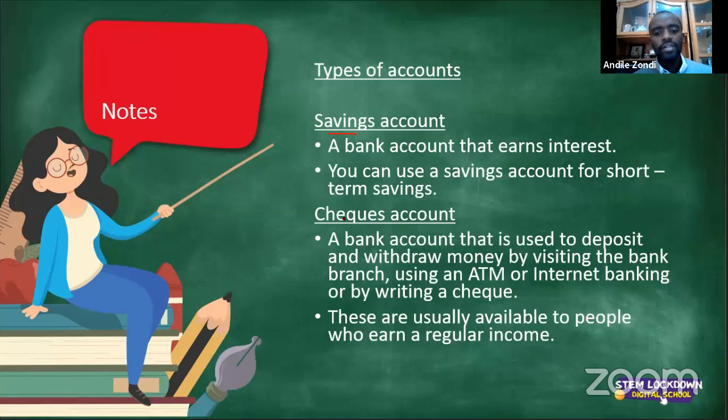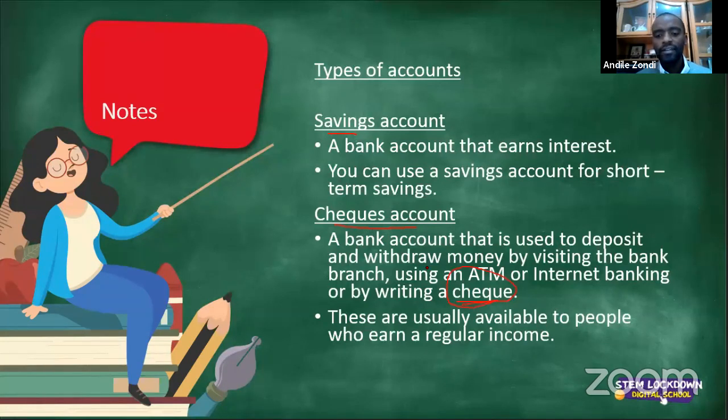And a check account. This is a bank account that is used to deposit and withdraw money by using the bank branch, an ATM, internet banking, or a checkbook. So a check account gives you more options, but mainly this one is seen with a checkbook.